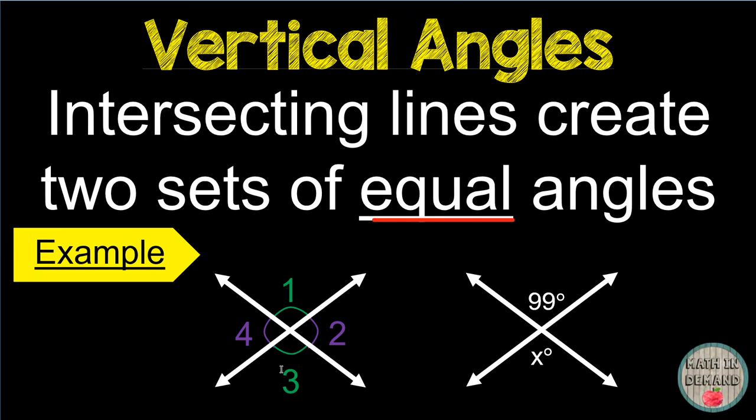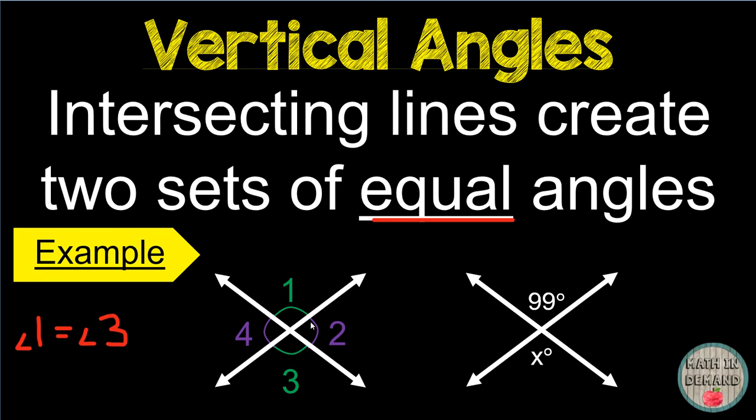Okay, so on this picture right here, you can see in the green, angle 1 and angle 3 are the same because since they intersect and they're opposite from one another, those are equal to one another. So angle 1 is equal to angle 3.